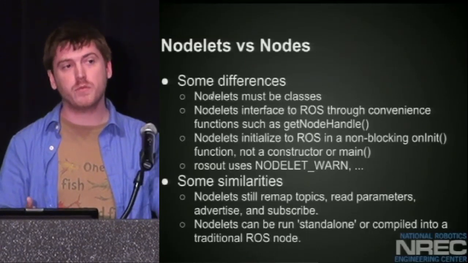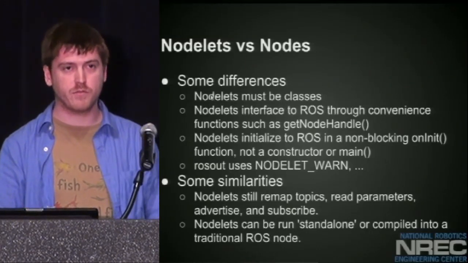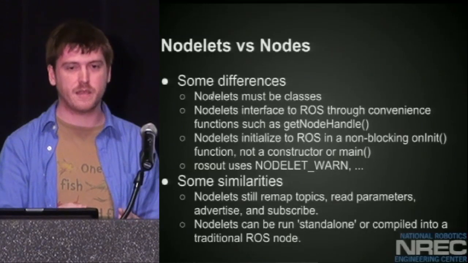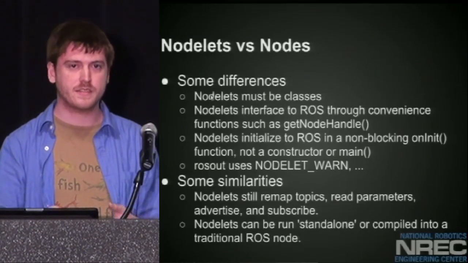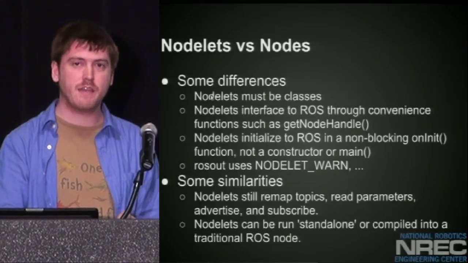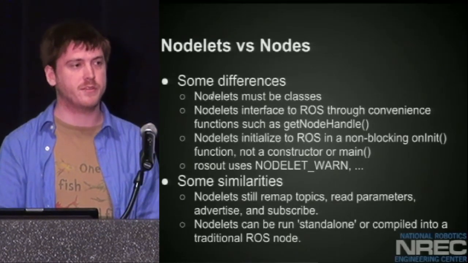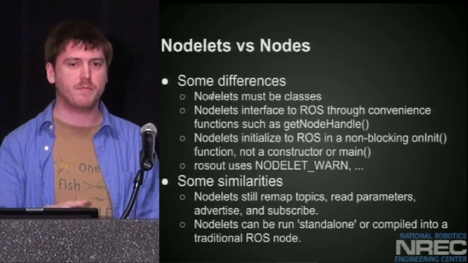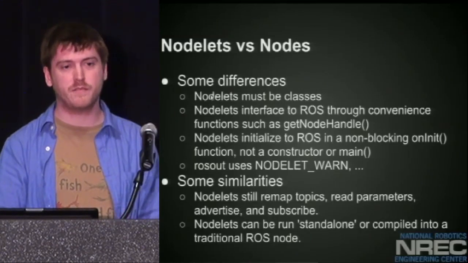So you see almost no change, even though all of your nodelets are running inside the same process. The interface is identical to what you would have for your node. So once you have your node handle, you just ask for your parameters, and then the private remappings and remappings all get applied for you.